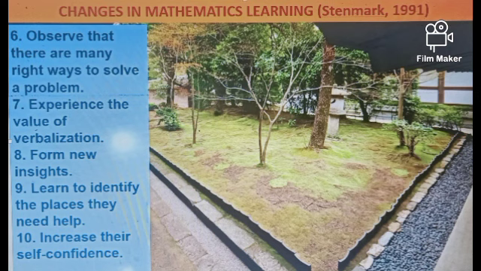9, students learn ways to identify the places they need help. That is the area or areas or aspects of mathematics that they are having difficulty with and they think they need help. Number 9, students learn to identify the places they need help.